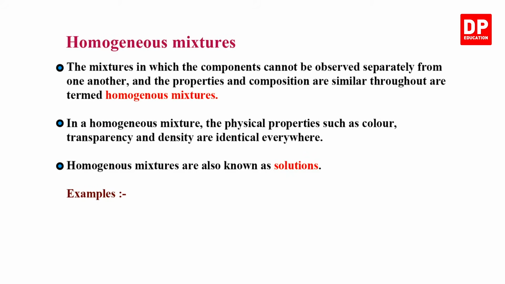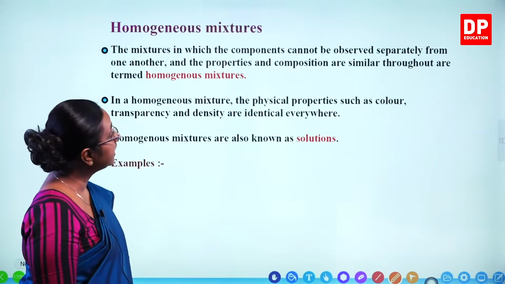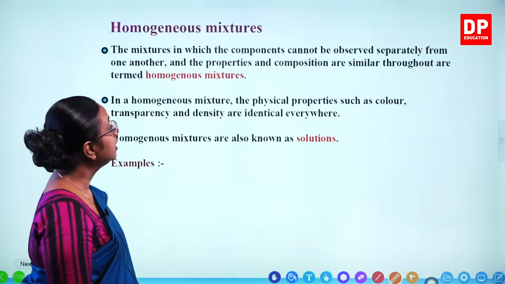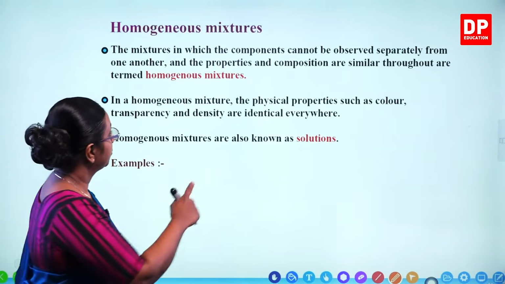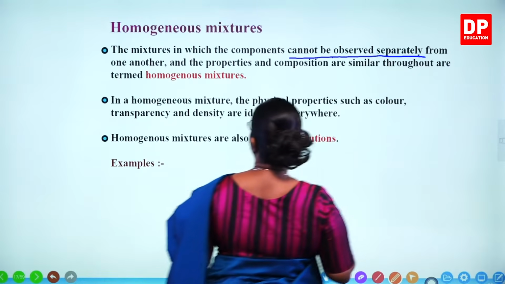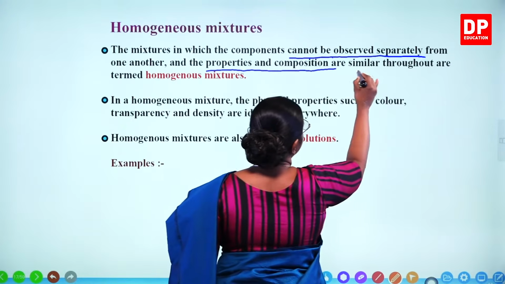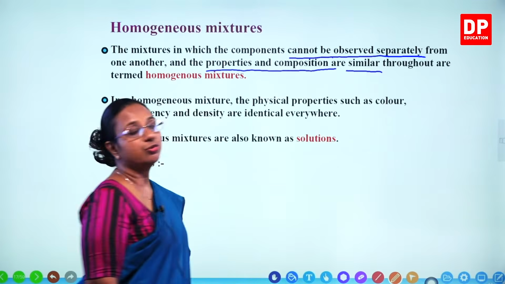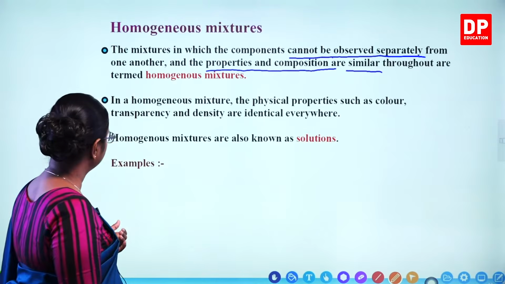Homogeneous mixtures. The mixtures in which the components cannot be observed separately from one another, and the properties and composition are similar throughout, are termed homogeneous mixtures. Then we call it a homogeneous mixture.